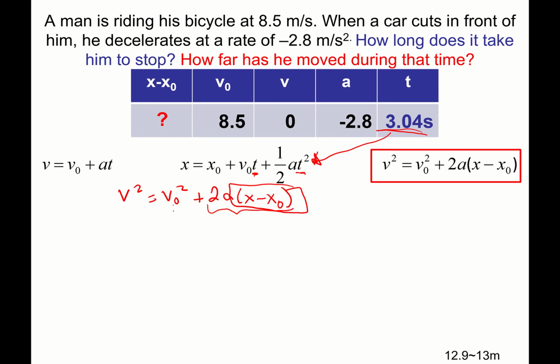That means I have to take that V0 squared over to the other side, and since it's added, I'm going to have to subtract it from both sides. So I'm going to get v squared minus v0 squared is equal to 2a times x minus x0. Now I want to get the x minus x0. That's what I'm trying to find. How far did he move? So I need to divide both sides by 2a.